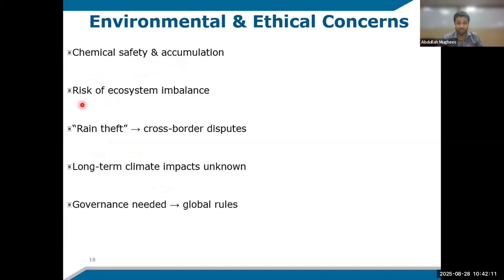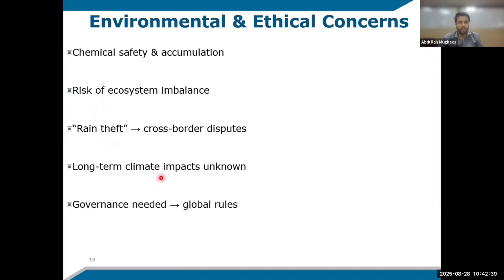We may cause ecosystem imbalance, because if we make it rain a lot at one point, we are stealing someone's water, right? Maybe our neighbor country will face drought. If the clouds were naturally going to that country and we use the water from those clouds, what's going to go to that country? Nothing, right? So it is somewhat called rain theft across the border.